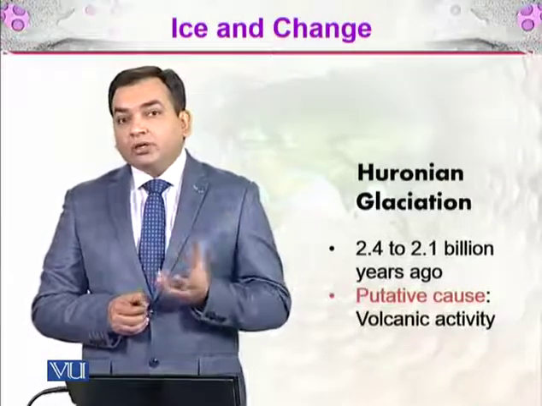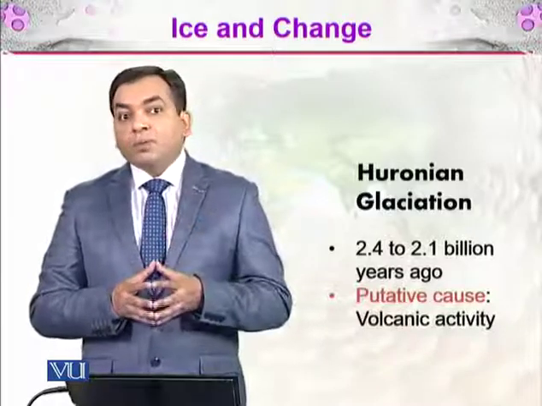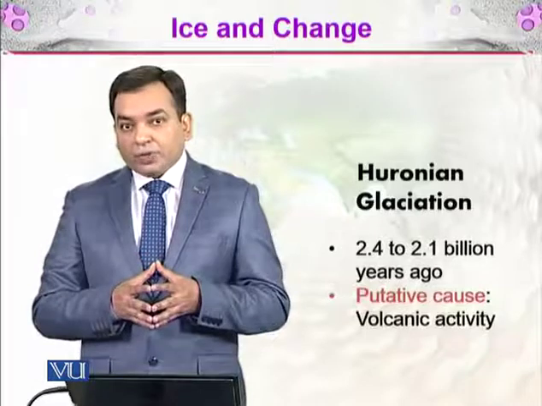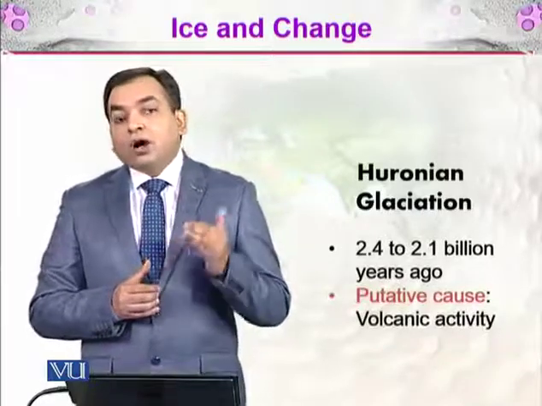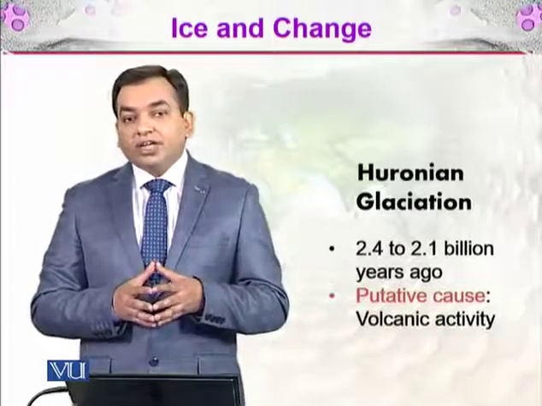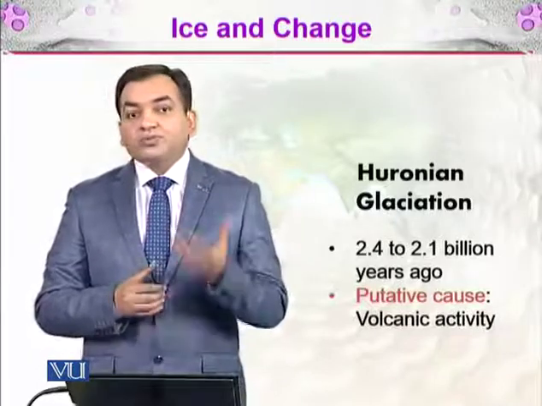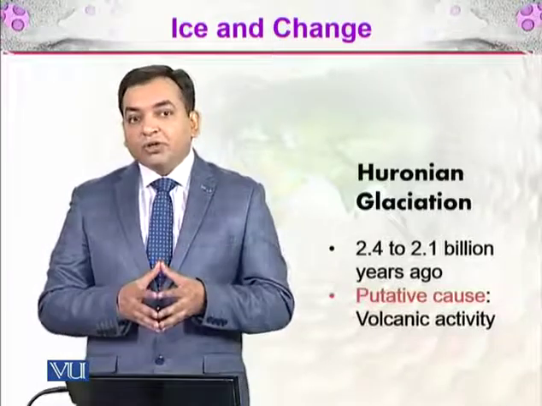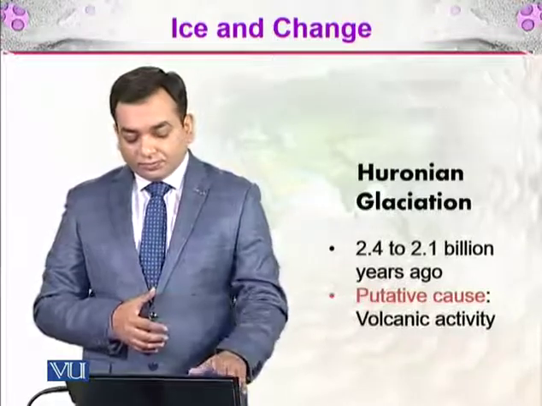When volcanoes erupt, they give out a large number of particles into the Earth's atmosphere. These particles reflect the sun's radiation, and the light cannot reach the surface of Earth, which results in plummeting global temperatures and, as a result, glaciation.